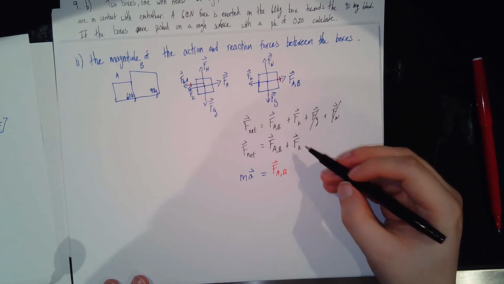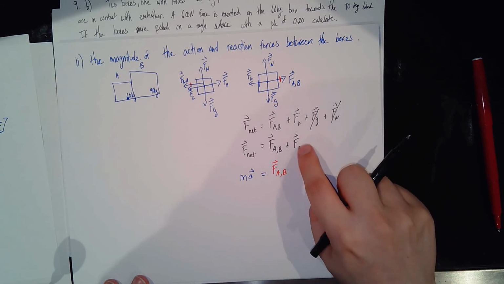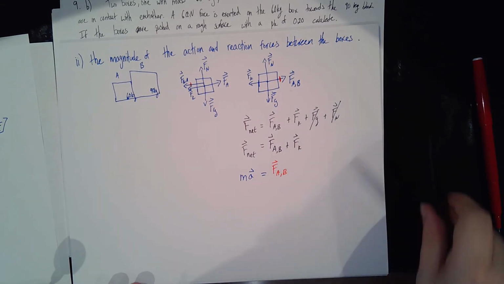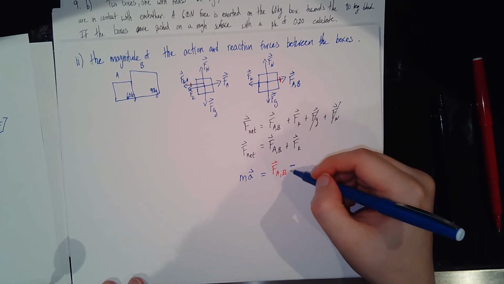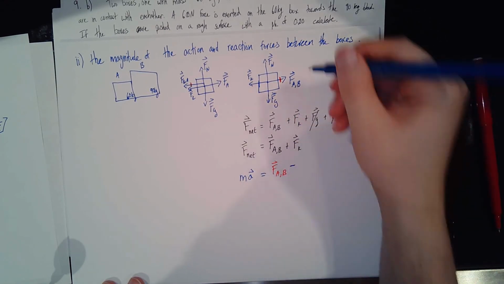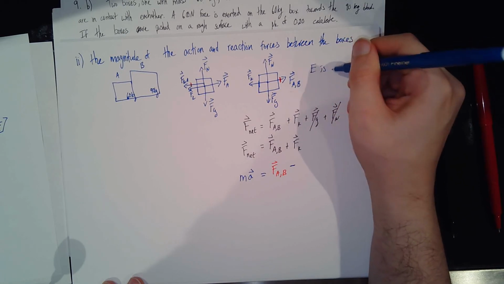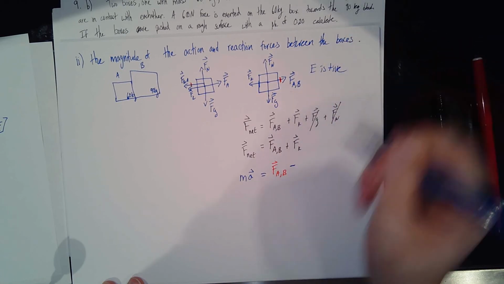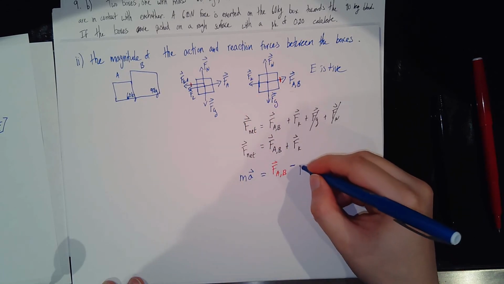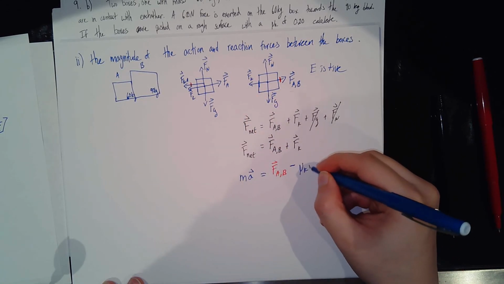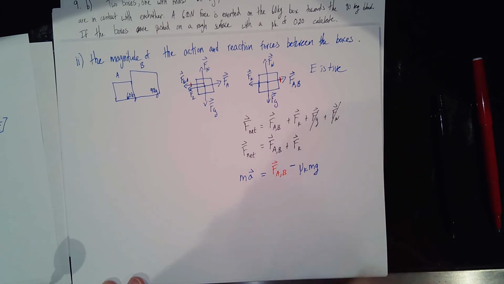And what we can also do is rewrite our force of kinetic friction in symbols as well. And so we're going to put a negative because east is positive and our force of kinetic friction is in the opposite direction. And so this is going to be equal to minus mu_k mg.